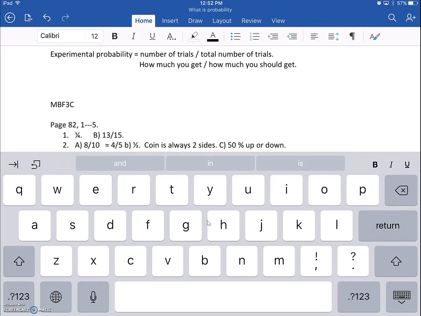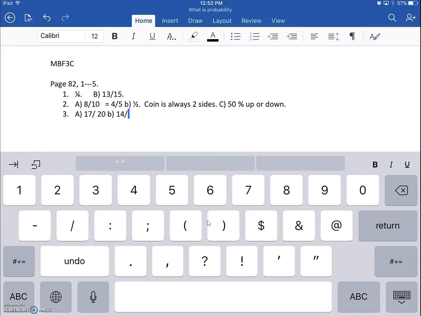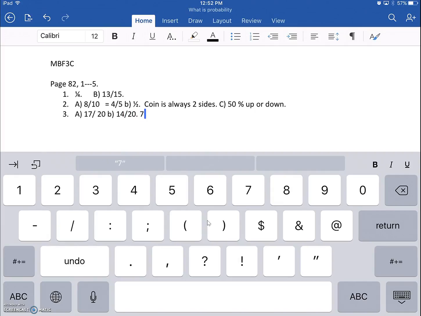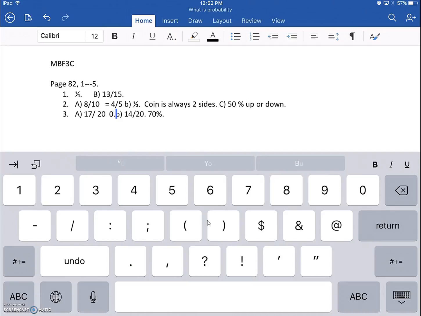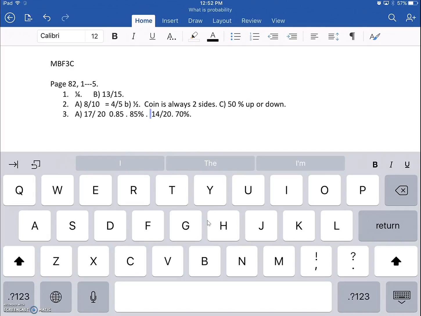So 14 over 20, and it is 70%. Right? I forgot this one for part a. So after dividing 17 over 20, it is 0.85, which is 85%. Okay? So we finished the third one.